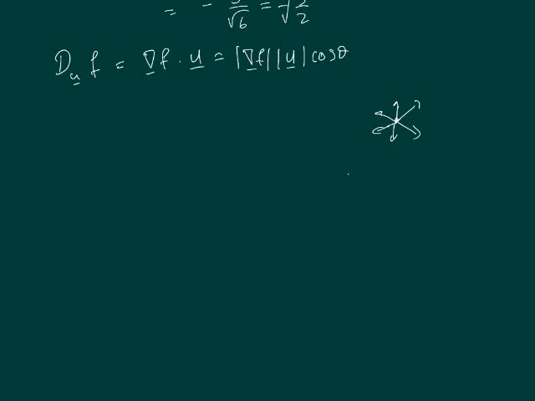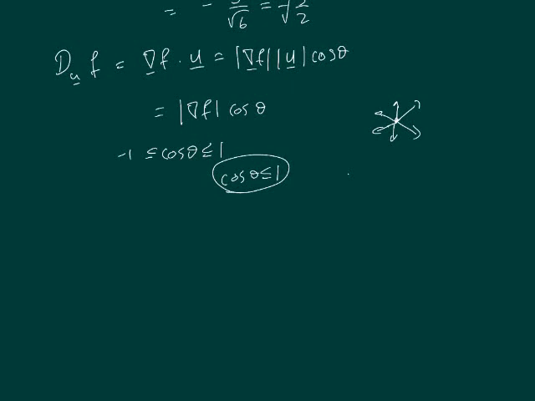Now in this case u is a unit vector, so this just boils down to the magnitude of grad f times cosine theta. Now what is the largest? We know that cosine theta is somewhere between -1 and 1. If we go for its magnitude, that means the largest cosine theta can be is 1.